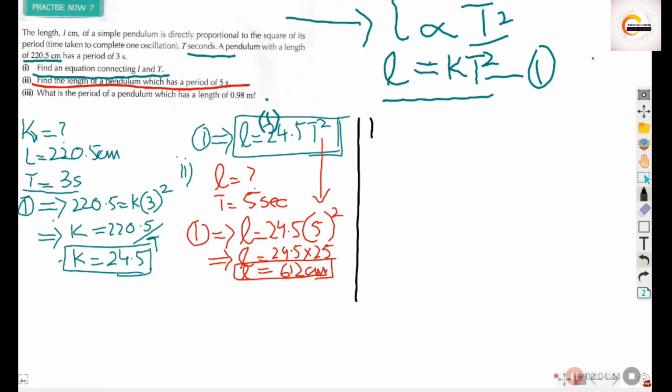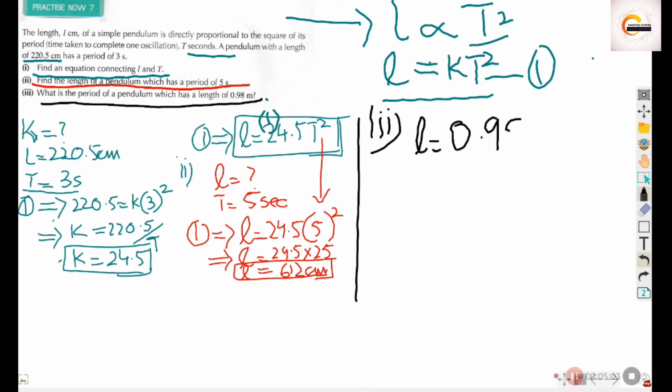Alright. Now for part 3. What is the period of a pendulum which has a length of 0.98 meter? All the values are given in centimeters. Remember, we found the value of K using centimeter, so we must convert this 0.98 into centimeter.